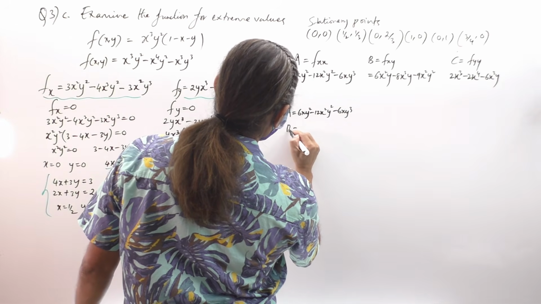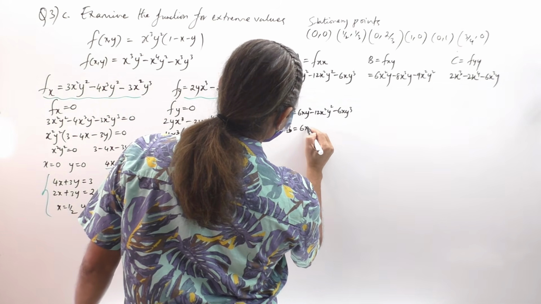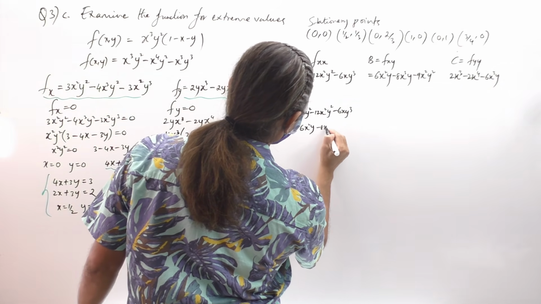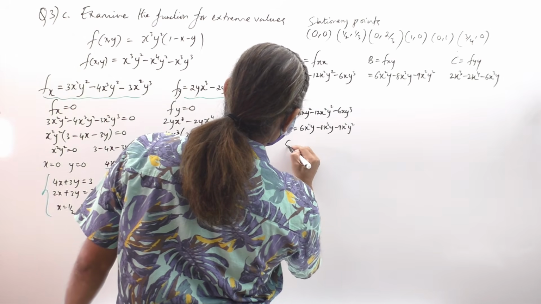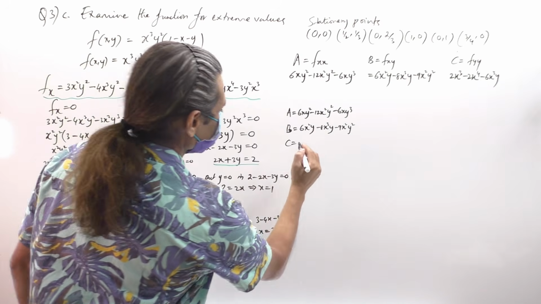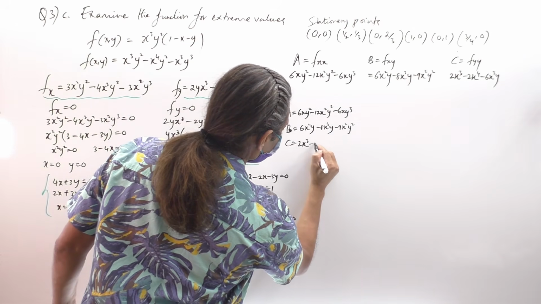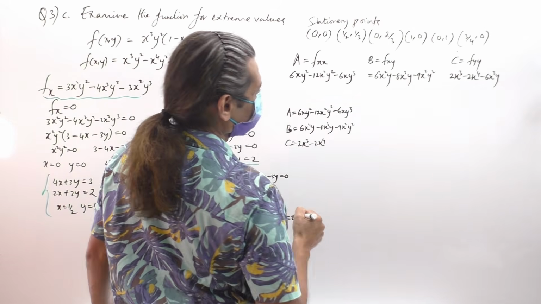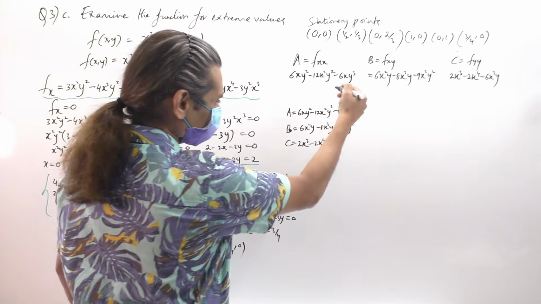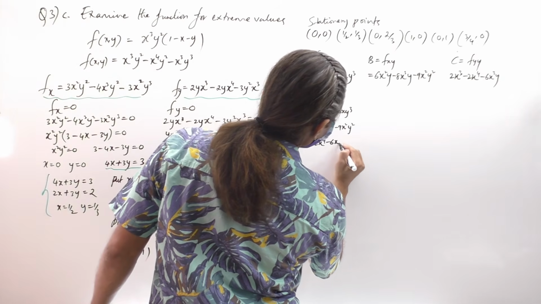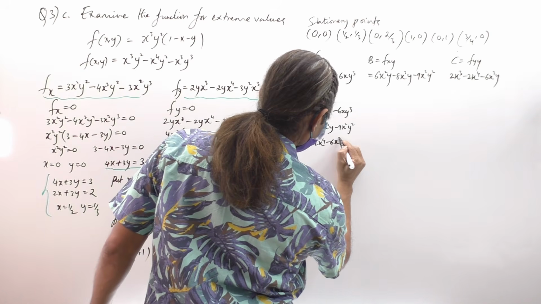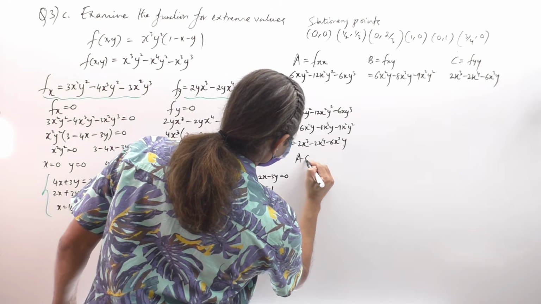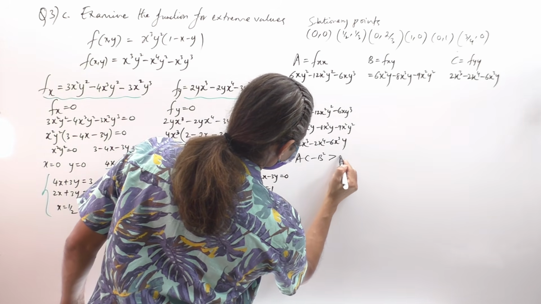B is equal to 6x²y minus 8x³ minus 9x²y², and C is equal to 2x³ minus 6x³y. I am writing everything in detail so you don't get confused. And the condition is AC minus B² should be greater than 0.